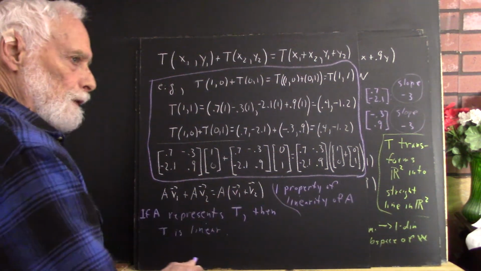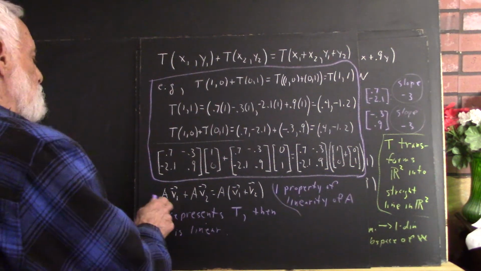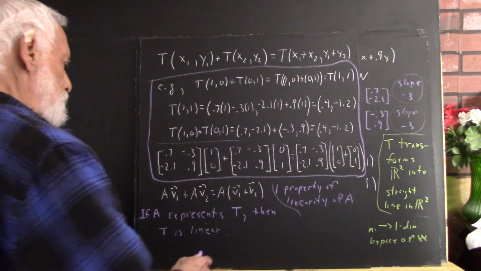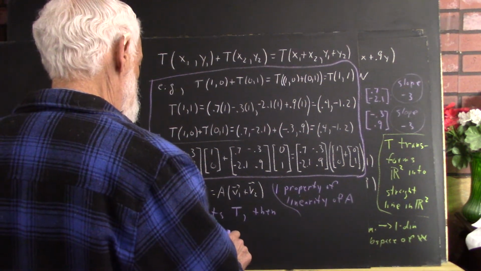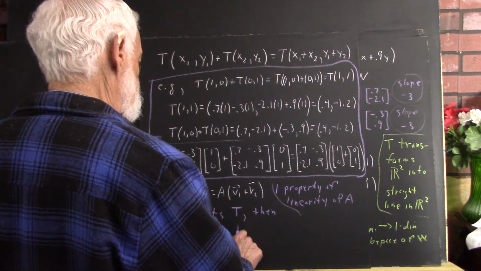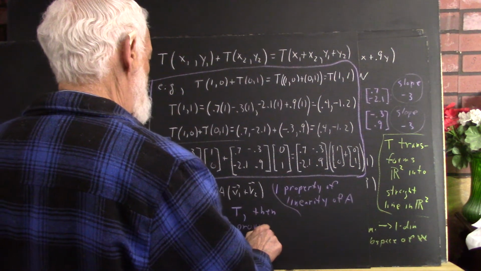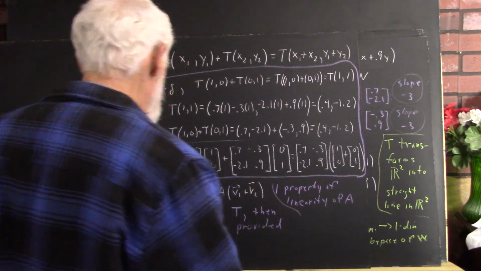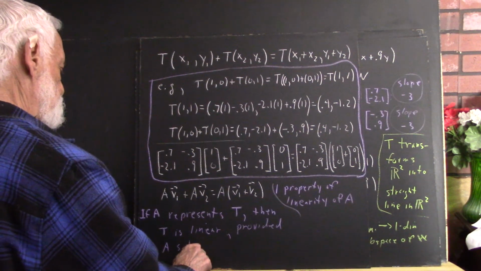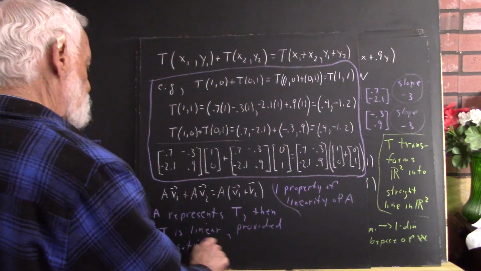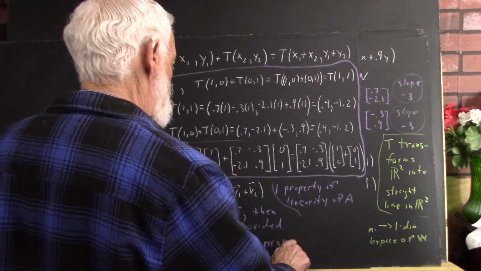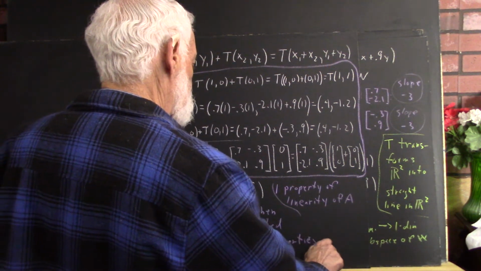There are other properties of linearity. A applied to CV equals C times A applied to V. So I'll just say here, provided A satisfies the other properties of linearity.